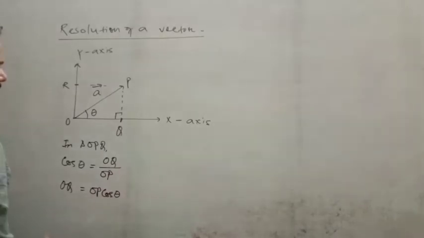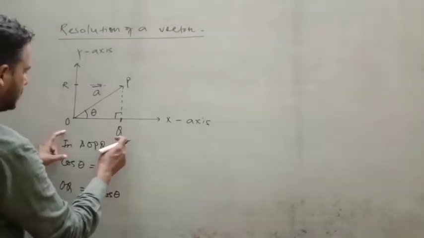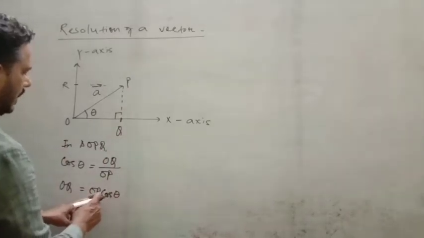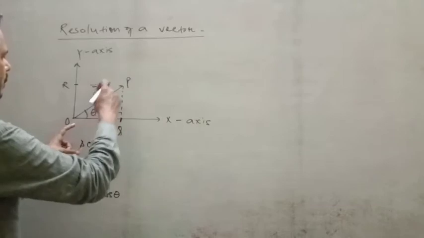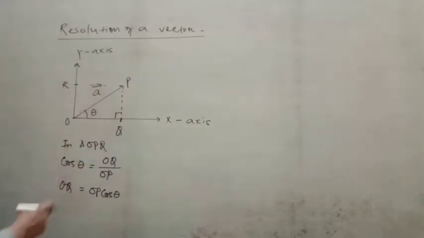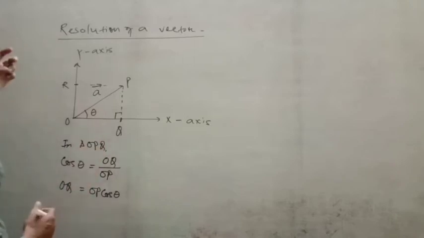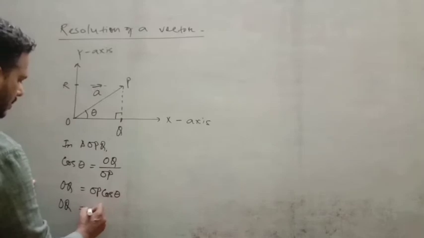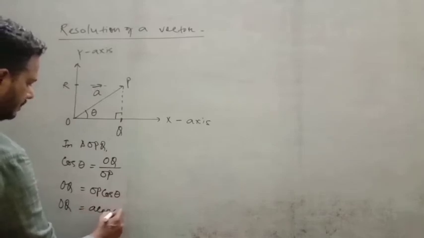Alright. But how much is this OQ? Your OQ is OP cos theta, and your OP is A. This one is your vector and its magnitude is A. That means your OQ is just A cos theta.